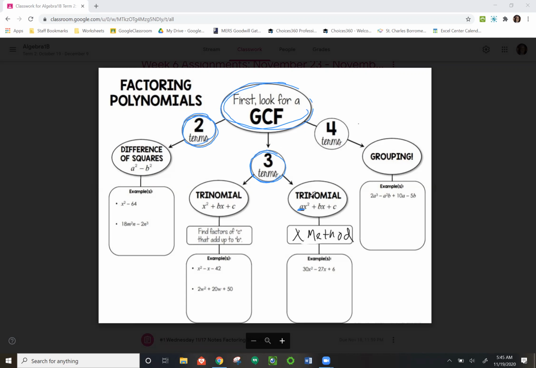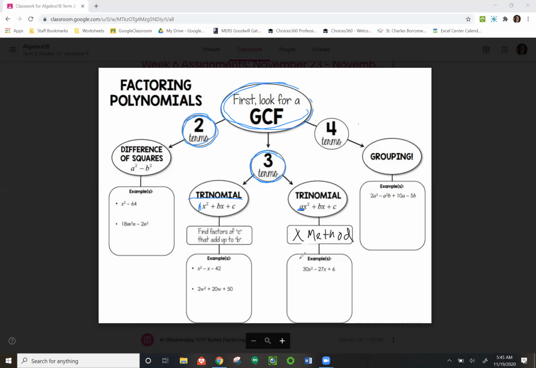In the standard form of the quadratic, the a represents that leading coefficient. Over on this side, the a is just 1, okay? So you get to use this shortcut method if the a is 1. If not, you have to use what we call the x method.